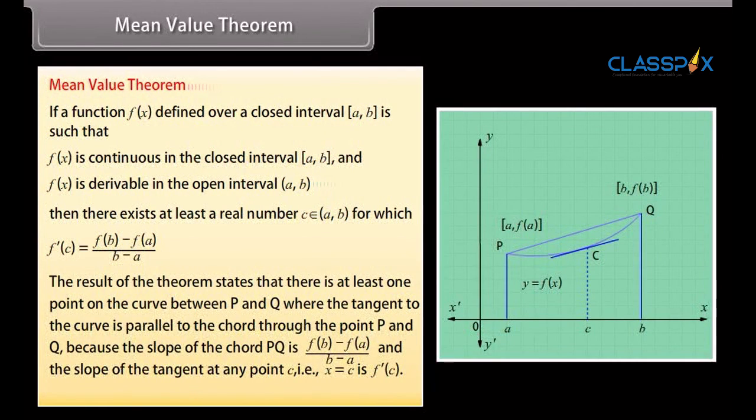The result of the theorem states that there is at least one point on the curve between P and Q where the tangent to the curve is parallel to the chord through the points P and Q, because the slope of the chord PQ is f of b minus f of a divided by b minus a, and the slope of the tangent at any point c, that is, x is equal to c, is f dash of c.